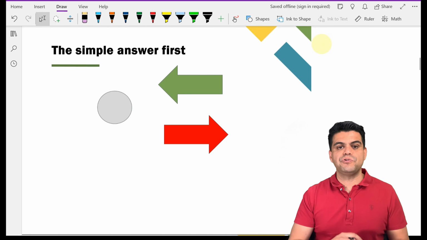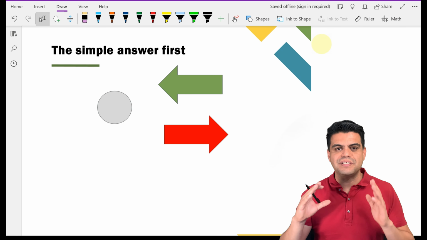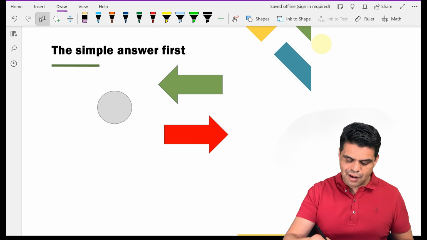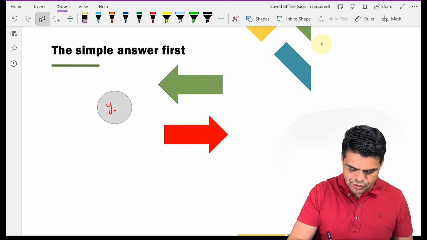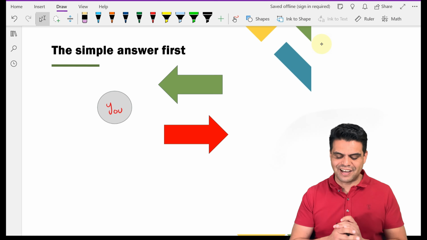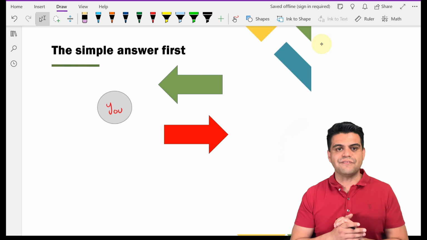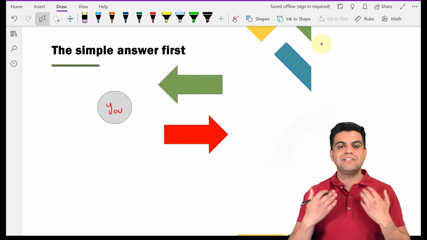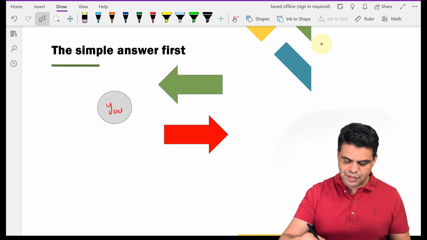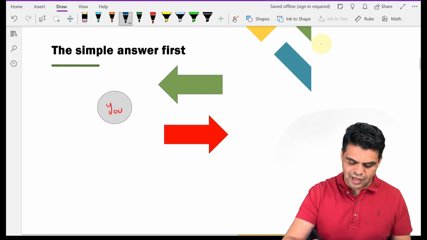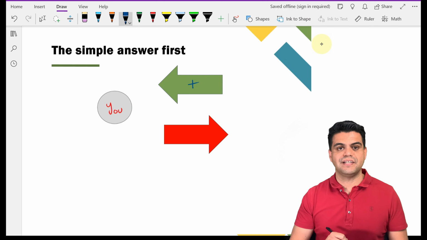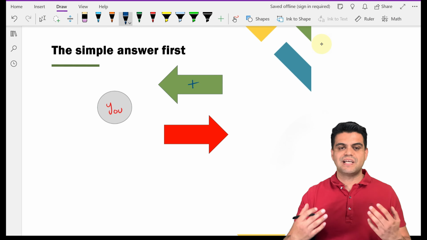So I'm going to give you the very simplest answer first, okay? I'm going to put you here. That's you, okay? So this is very simple. This is what I tell my students. If you have money that's coming into your pocket, it's coming to you, that's going to be a positive. All right. So income, payments, that's all coming to you.